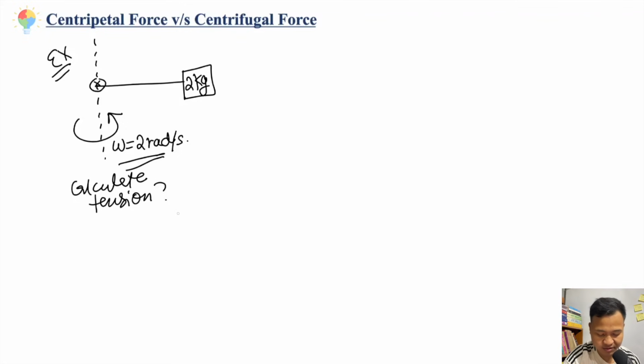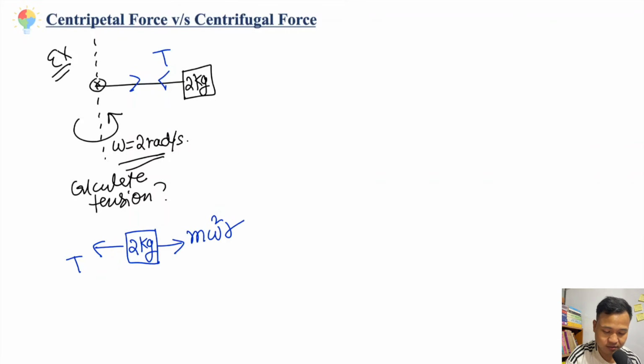To solve the question for the 2 kg block, you have to sit on the 2 kg block and then solve it. Draw the free body diagram of the 2 kg block. You will have tension, and m omega square r. The string length is 1 meter. On the right side you will have centrifugal force.